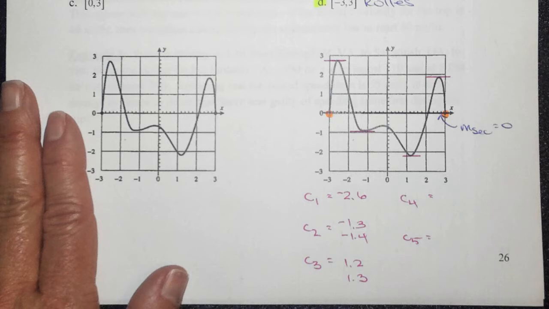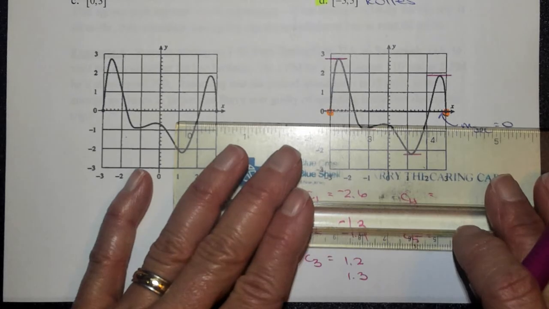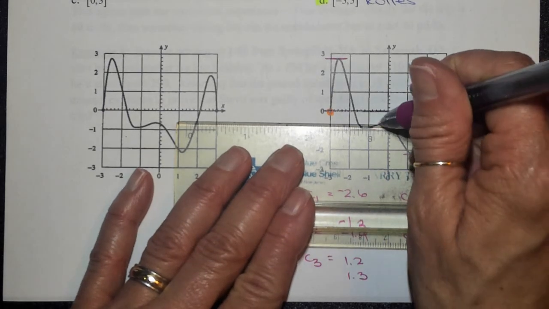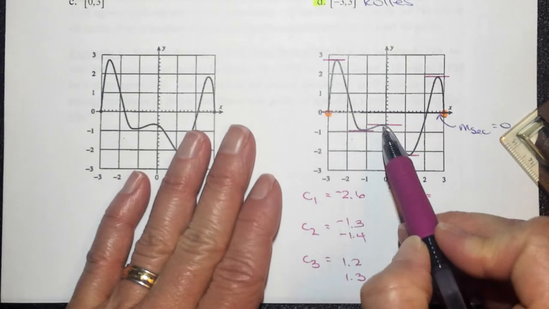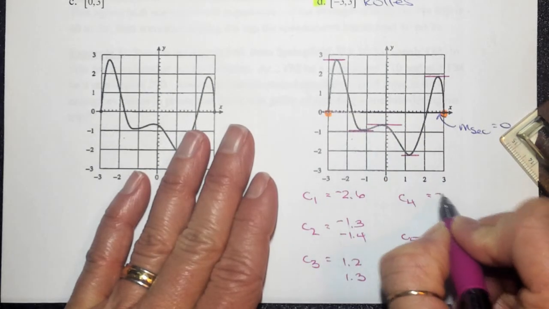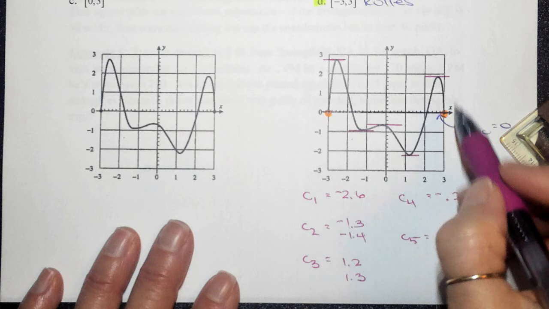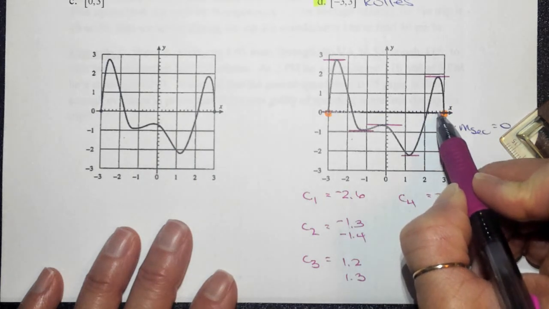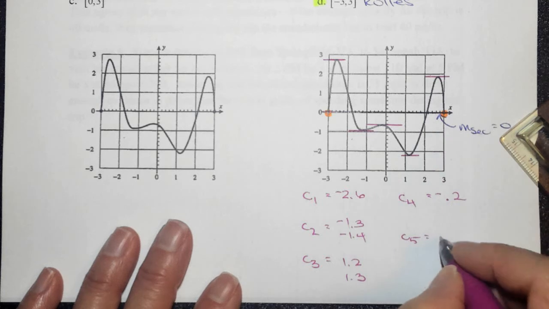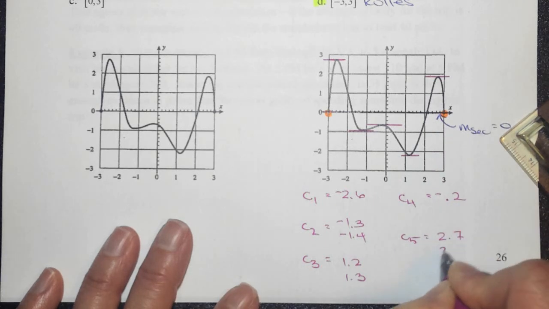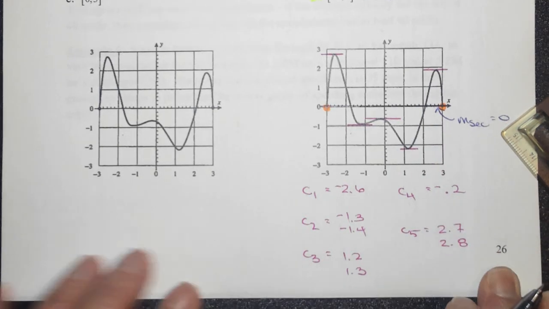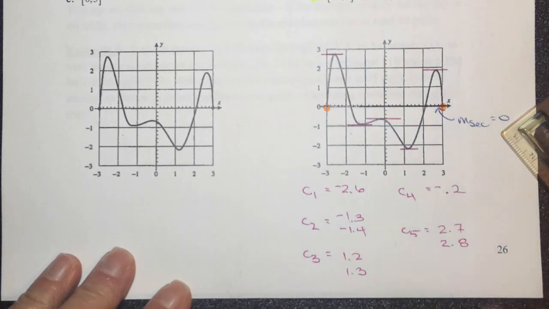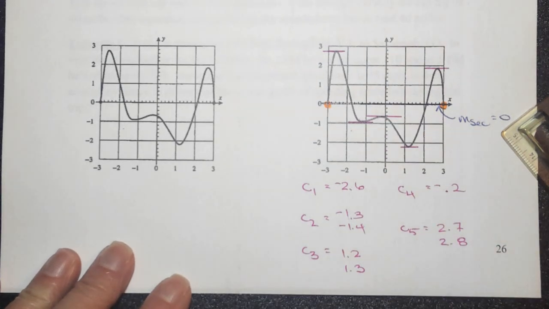Right here. Oops. So this isn't exactly 0, so maybe -0.2. And then this last one is at 2.6, 2.7, maybe 2.8. It just depends. You're estimating, it's an estimation, don't freak out. Okay, so that's how you would apply that.